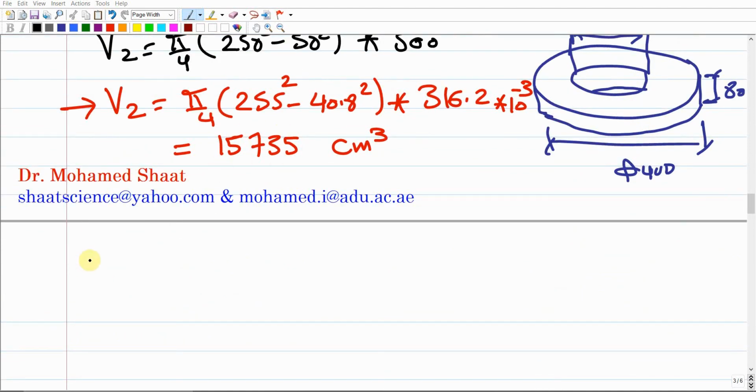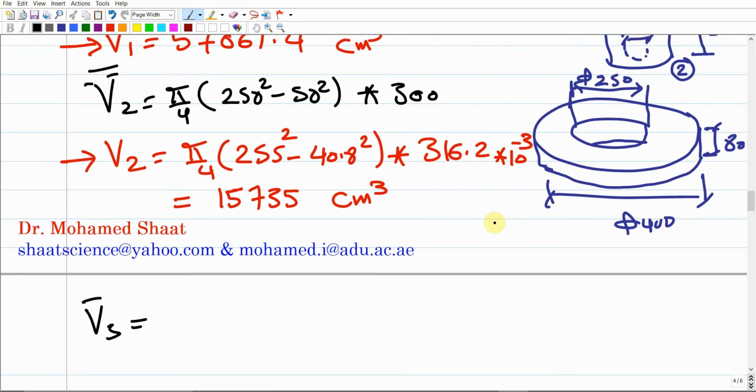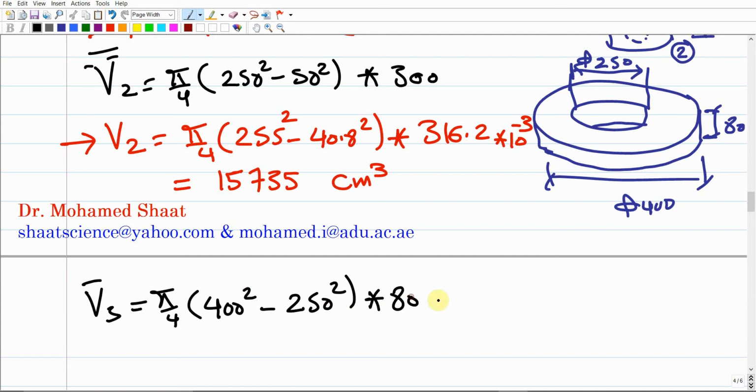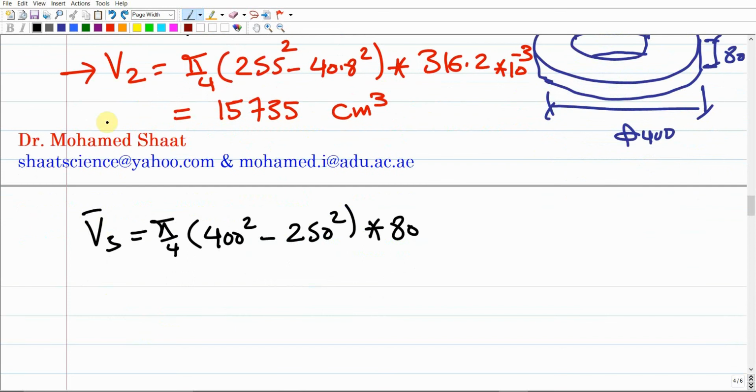Then we're going to move to the third volume, which is V3, for this shape. This is also a cylinder with a thickness, with a height, so it's going to be pi over 4, the external diameter, which is 400 squared, negative the internal diameter, which is 250 squared, times the height, which is 80, times 10 negative 3, just for the conversion. Then we have to use the equivalent one, so V3 equals pi over 4.